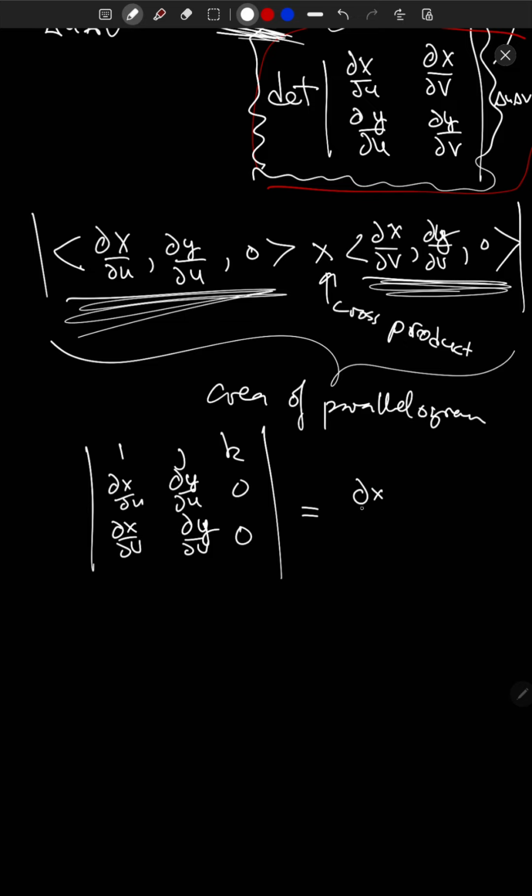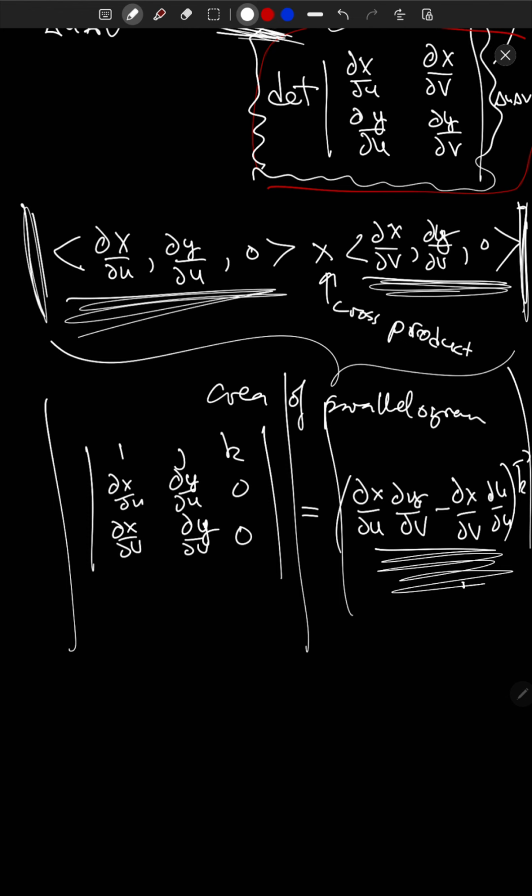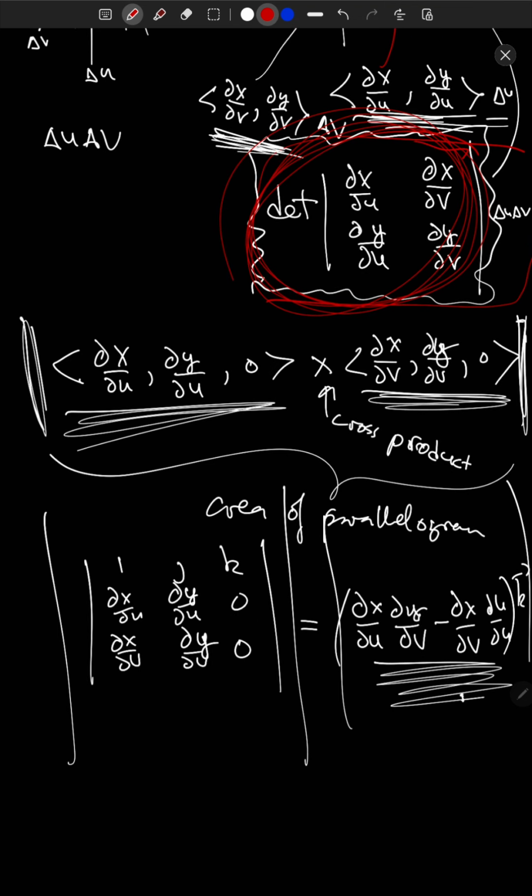It's just going to be dx du, dy dv minus dx dv, dy du times k, right? But we only care about the length of the cross product. So the length of that is just going to be this guy in here. Okay, and what is that? That's literally exactly the determinant up here. Okay, so the determinant of this matrix right there is our correction factor.